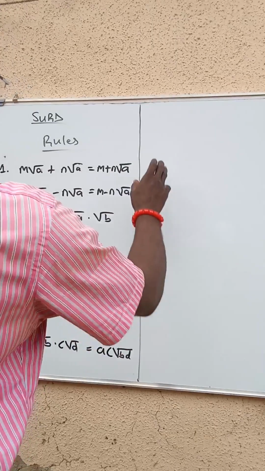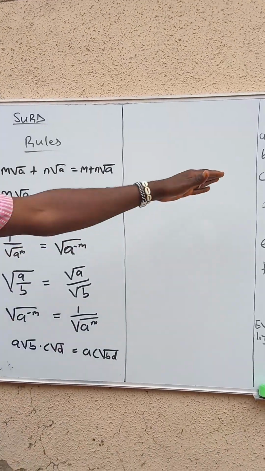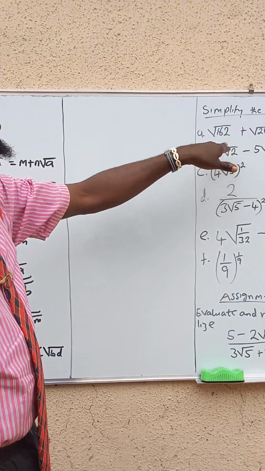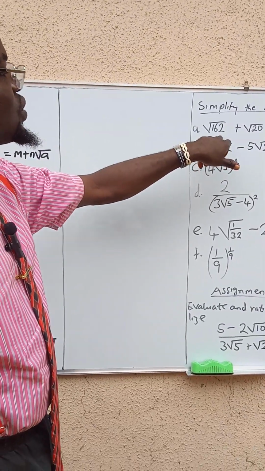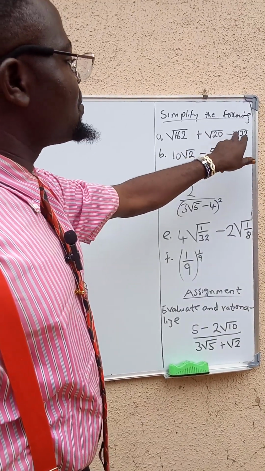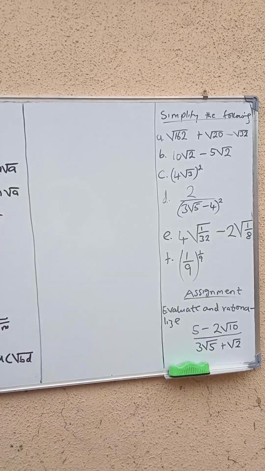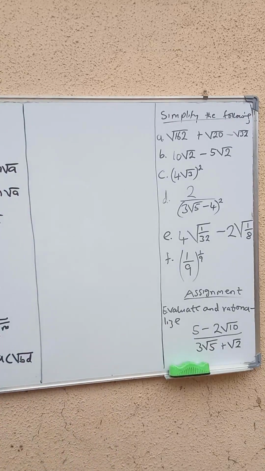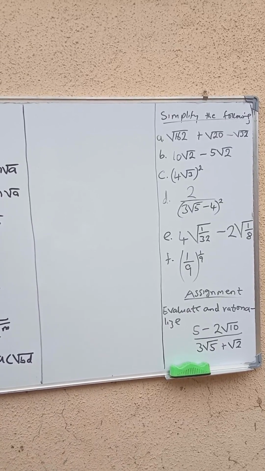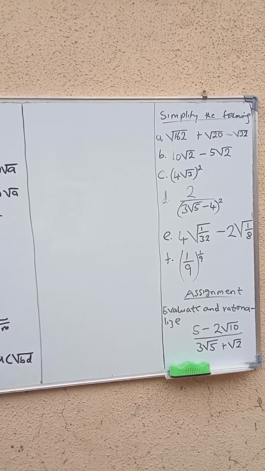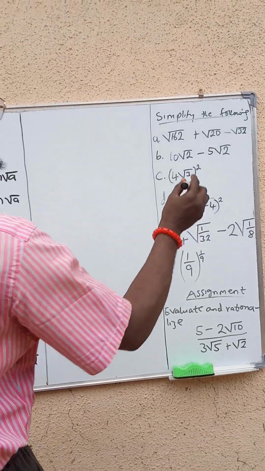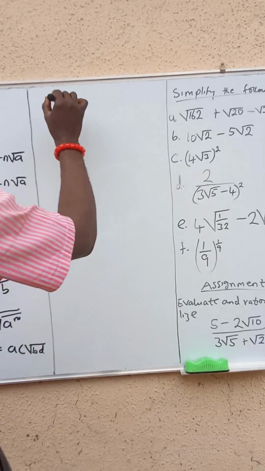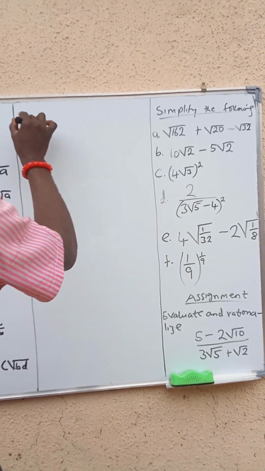So now what do we do here? They give us something to simplify: root 162 plus root 20 minus root 32.